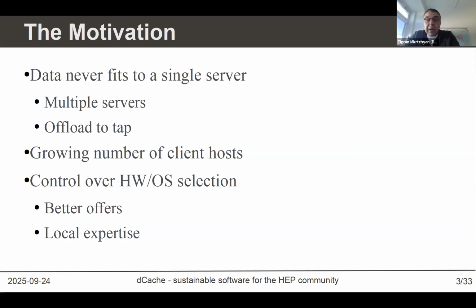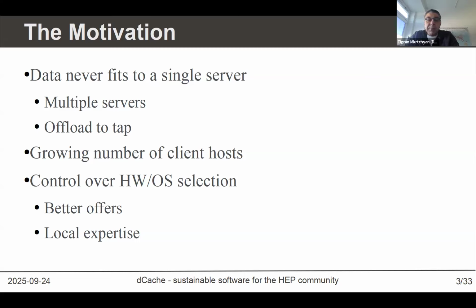The motivation behind dCache was pretty simple. Data never fits into a single server. And as scientific experiments grew, so did the need for data management. Data started to spread over multiple servers. Some data should go on tape, some data was only available on tape and shouldn't be recalled on demand.